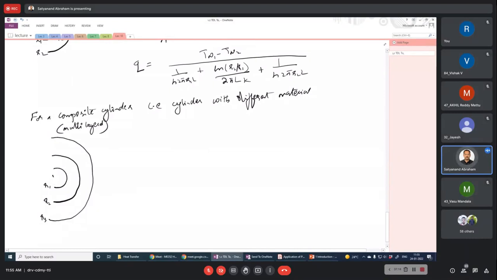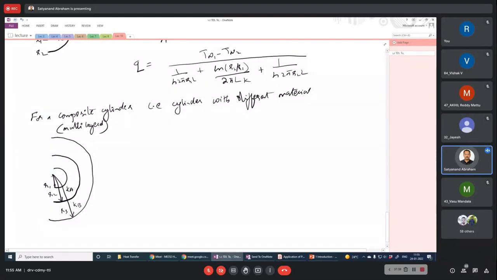We can write R1, R2, and R3. So these are the radii R1, R2, and R3. Say the first material, the inner material, has a conductivity of Ka, and the outer material has a conductivity of Kb.